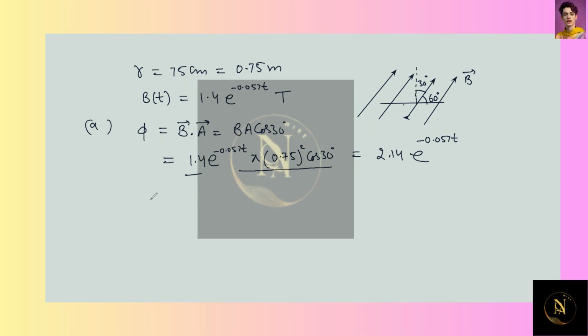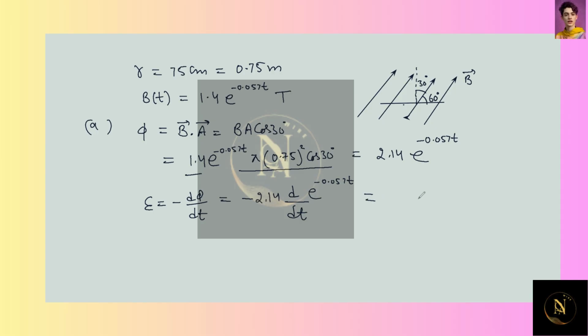The EMF induced at any instant in this coil will be given, using Faraday's law of electromagnetic induction, as the negative of the time rate of change of the magnetic flux, d phi by dt. The 2.14 will come out as a constant, so it will remain, and we differentiate e raised to the power minus 0.057 t.